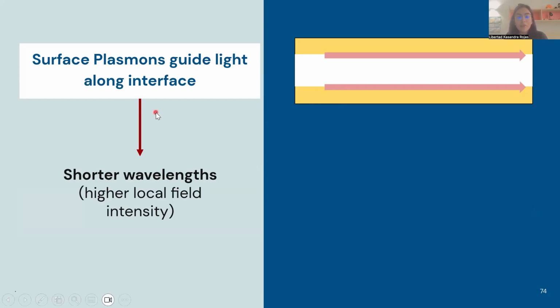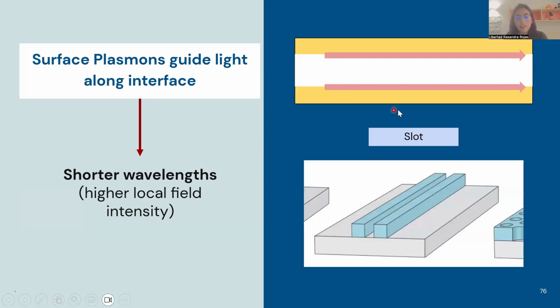Now, the advantage of this and why we're able to make more compact plasmonic waveguides is because surface plasmon polaritons, or surface plasmons, have shorter wavelengths, meaning that you can have higher local field intensity. So you're able to make things smaller because you're no longer dealing with the wavelength of light, but now you're dealing with the wavelength of surface plasmon polaritons. Okay.